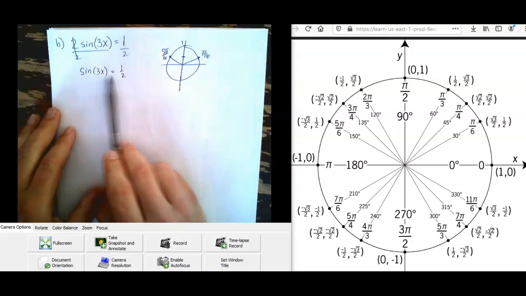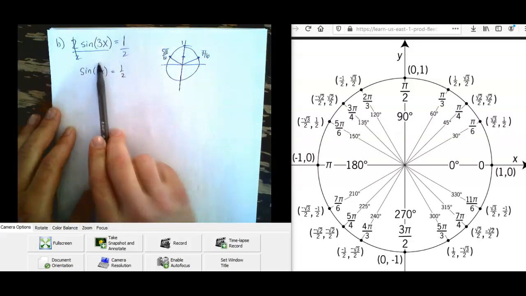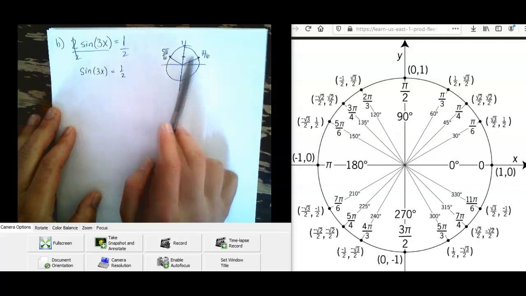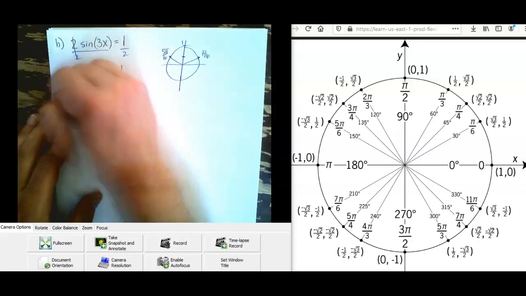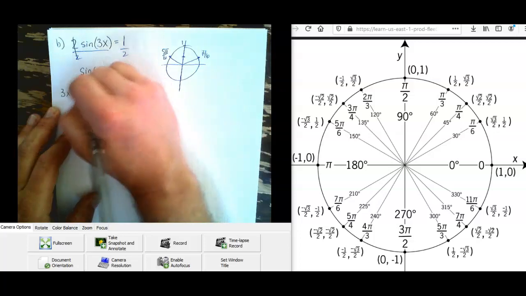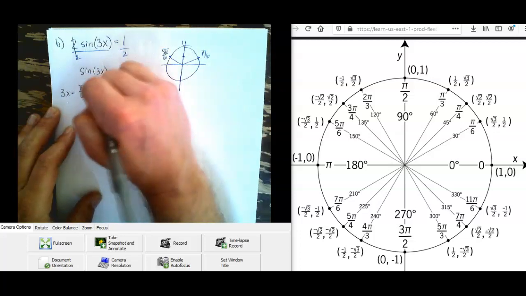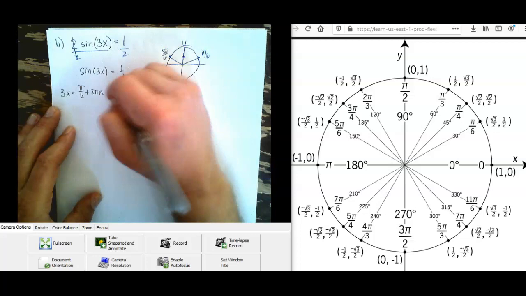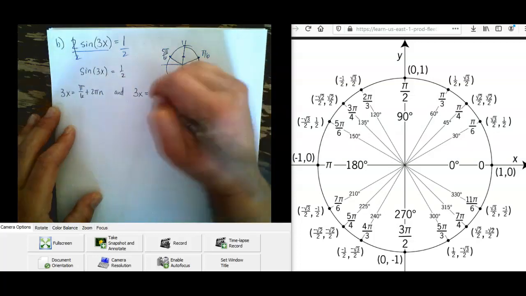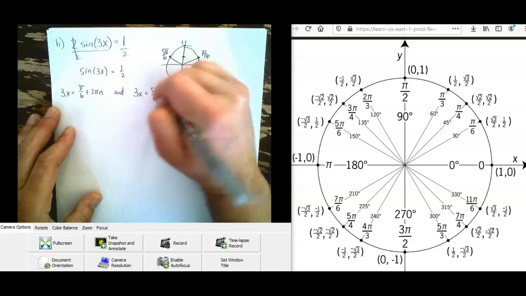So the sine of 3x equals 1/2. Well, for what angles does it equal 1/2? These two, right? These two plus 2 pi n's. So we have 3x equals pi over 6 plus 2 pi n, and 3x equals 5 pi over 6 plus 2 pi n.